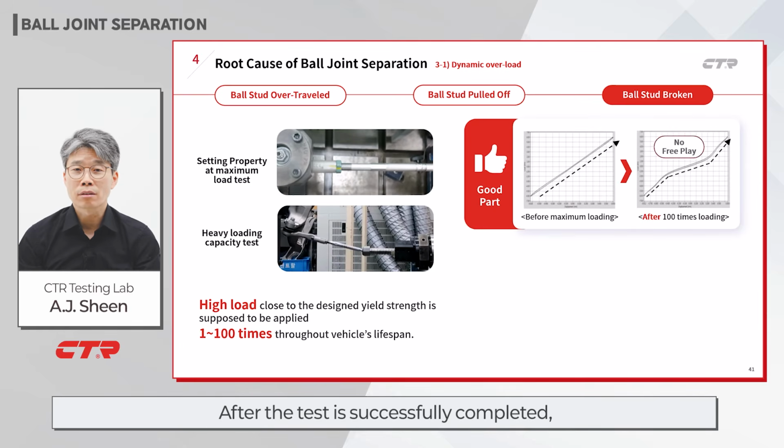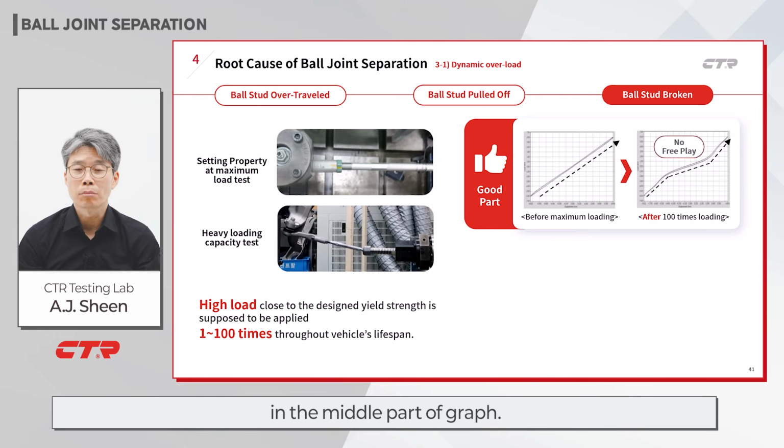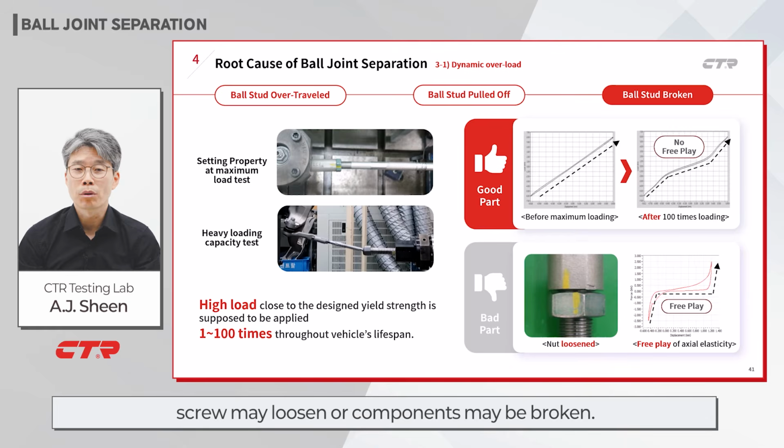After the test is successfully completed, the actual end travel curve on the joint may show a slight bend in the middle part of the graph. However, no screws should be loosened, and no parts should be broken.